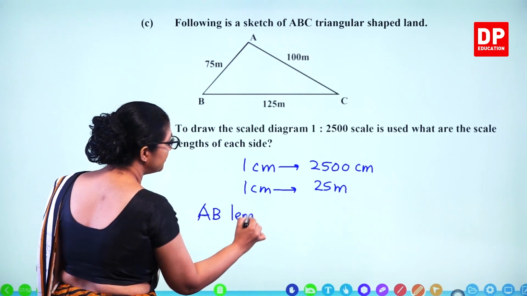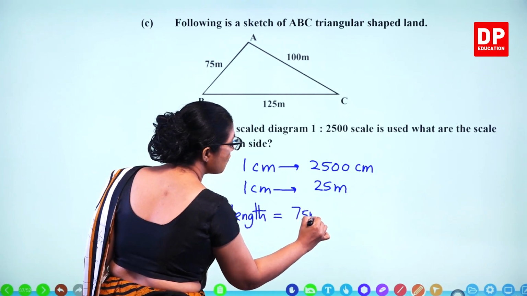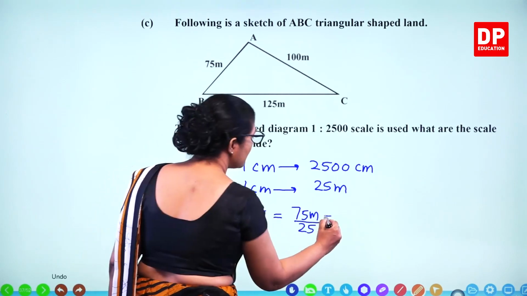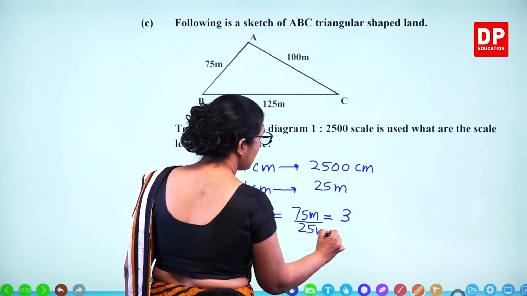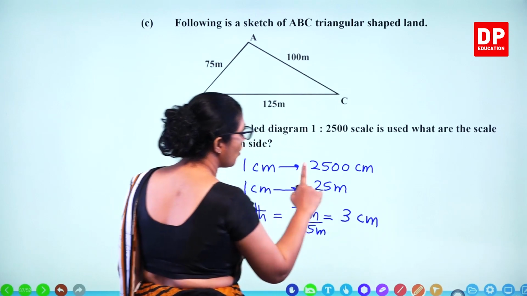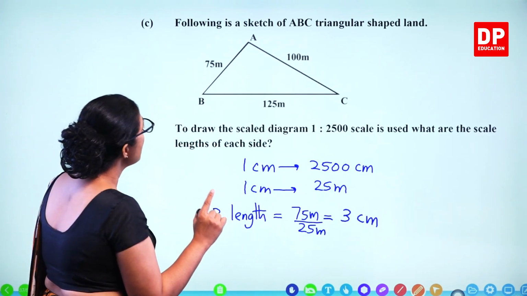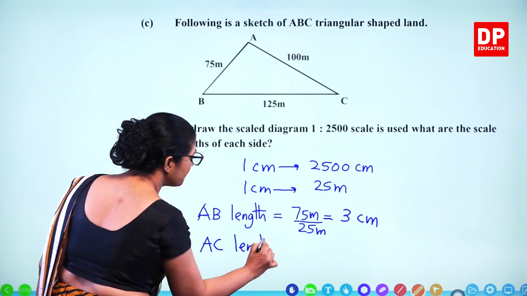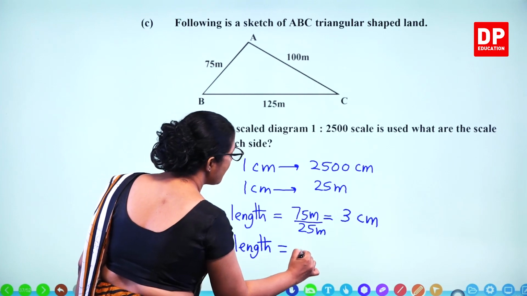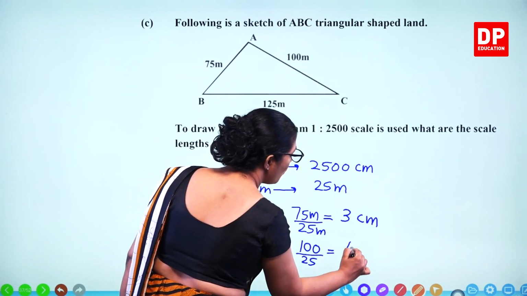AB length 75 meters. Divide by 25, that's 3 centimeters. Because you have to find out the scale length. Now take AC length. That's 100. 100 divided by 25, you get 4.